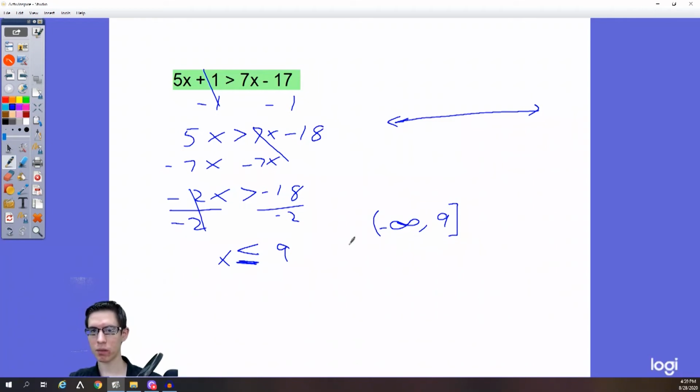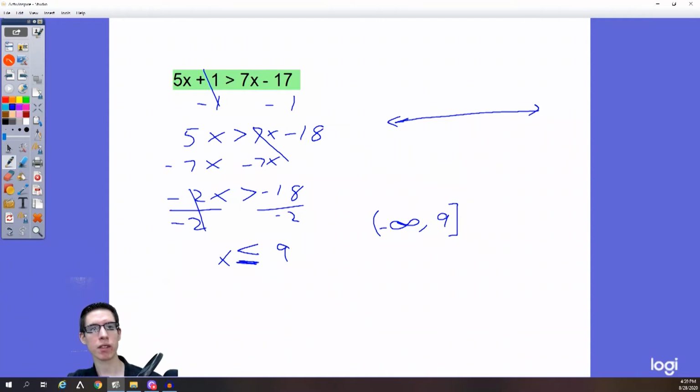I know this is true because I'm including 9, so I get the bracket, and x has got to be smaller than 9, so I've got to start with negative infinity. I've got to start in the left direction, and I'm going to stop at 9.